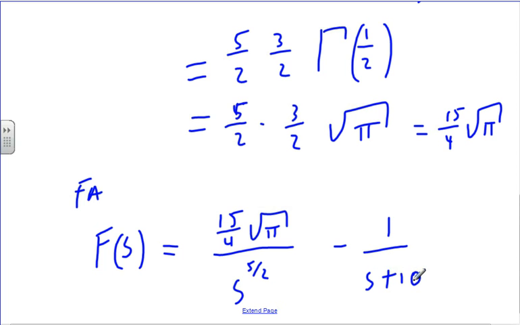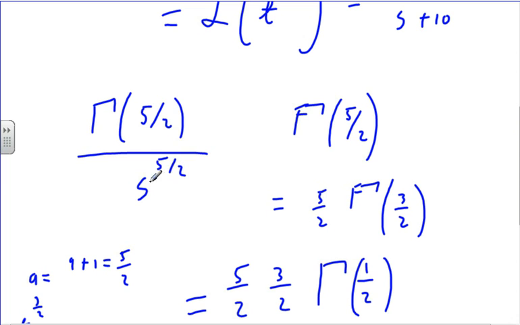So I have t to the 3 halves. That means my a is 3 halves. a plus 1 is 5 halves. That's what I'm finding the gamma function of, and that's why it's s to the 5 halves.